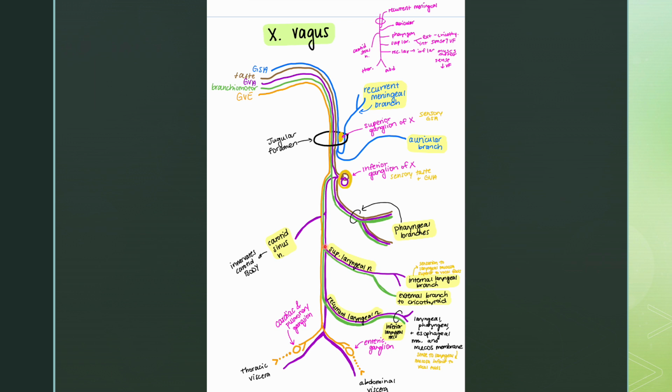And that is going to provide both branchiomotor via an external laryngeal branch, which goes to the cricothyroid, as well as an internal laryngeal branch, which is just visceral sensory, providing sensation to the laryngeal mucosa superior to the vocal folds. So that branch is called the superior laryngeal nerve, which then turns into both the internal and external laryngeal branch. External is that motor one to the cricothyroid. Internal is the sensation to the laryngeal mucosa.